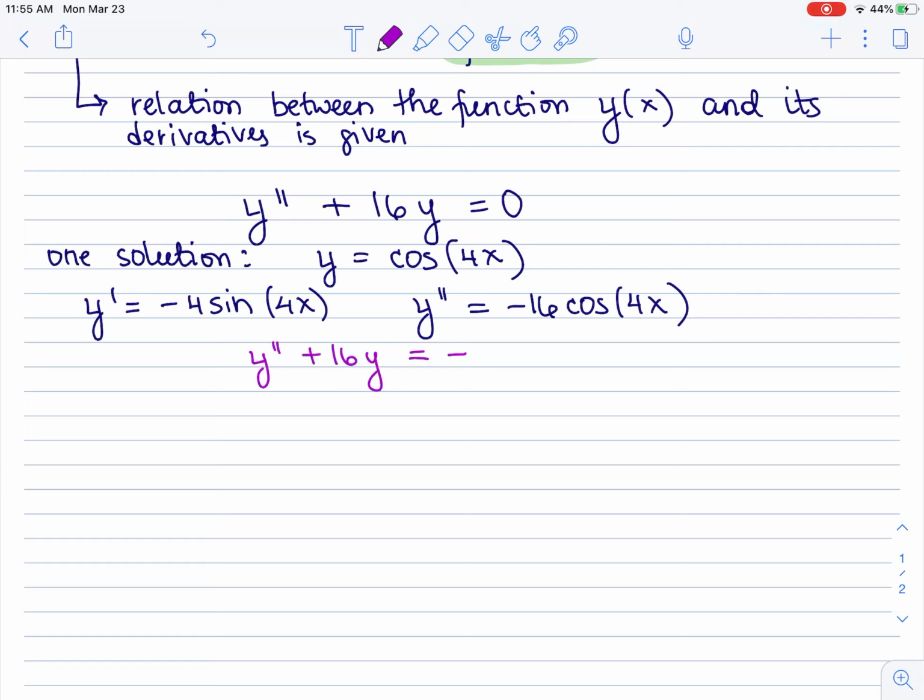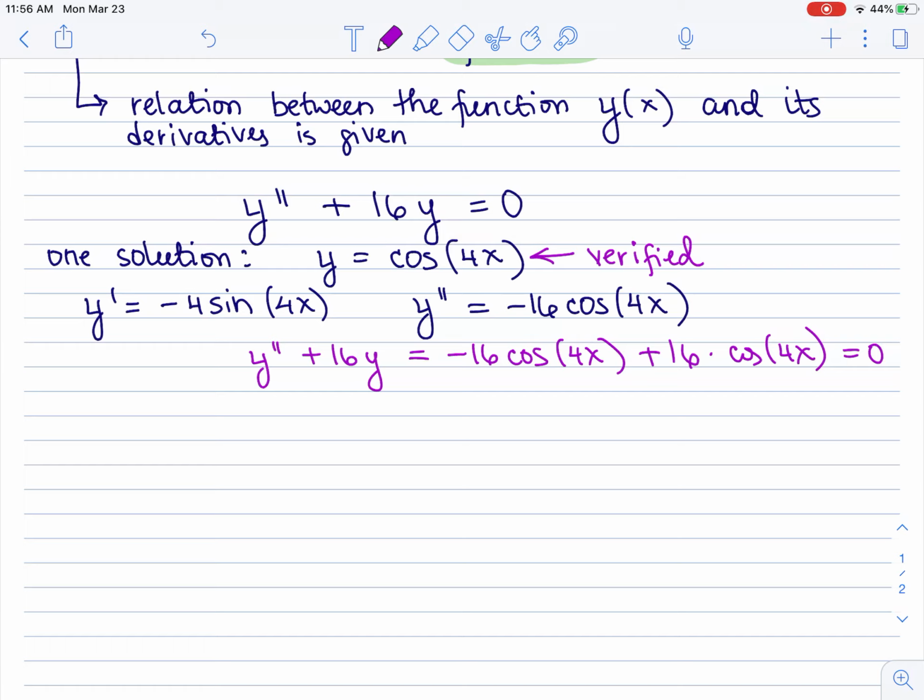Well, y double prime is negative 16 cosine 4x plus 16 of what? Y, but y was cosine of 4x. Yeah, that is 0. So I just verified that this is a solution. Okay, we verified this.